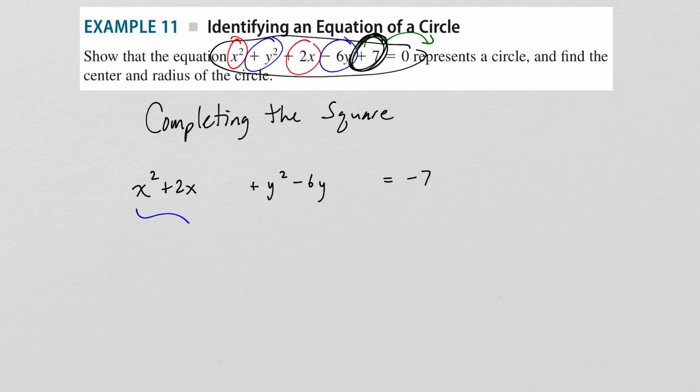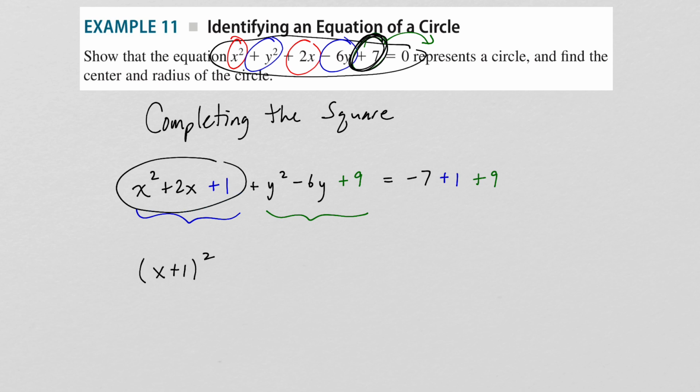Now we're going to complete the square here. So remember, we need to take half of this number and then square it. So that's going to be 1, and we're going to add that to both sides. And then we're going to complete the square here by taking half of 6, which is 3, and then squaring it, which is 9. And we're going to add 9 to both sides. And now we can factor this. This is going to be x plus 1 quantity squared.